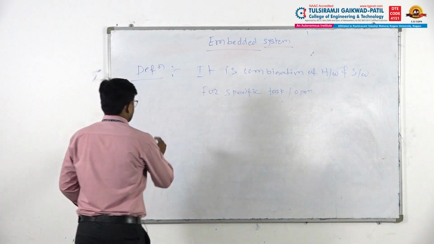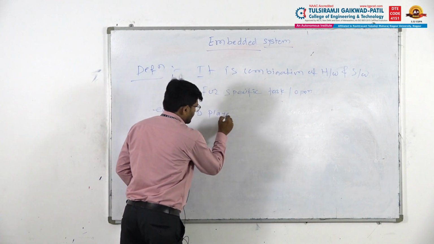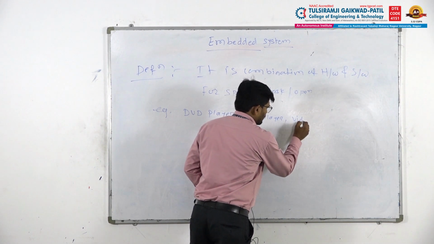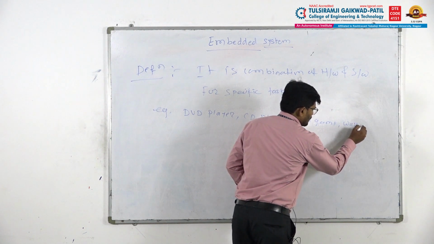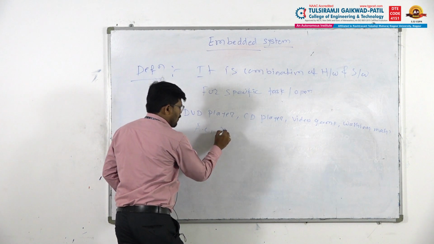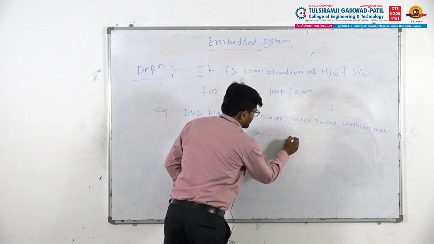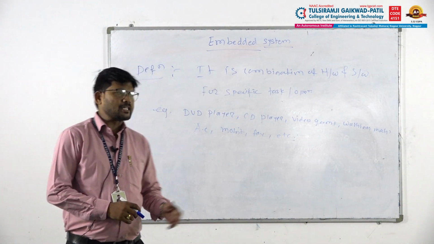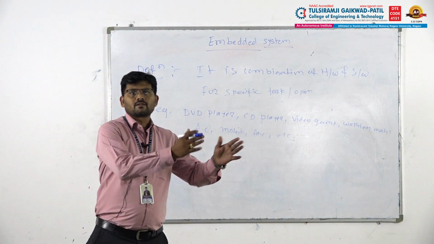For example, DVD player, CD player, video game, washing machine, AC, air conditioner, mobile phone, fax, scanner, etc. Means in every electronic device we use an embedded system. These are the applications where embedded systems perform different tasks.